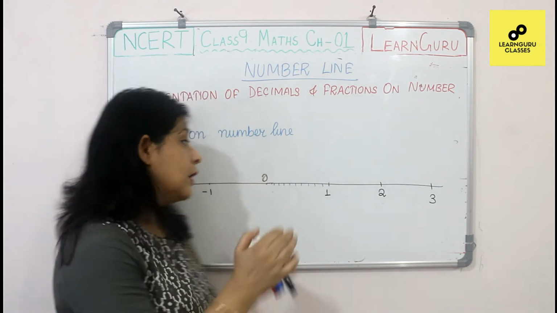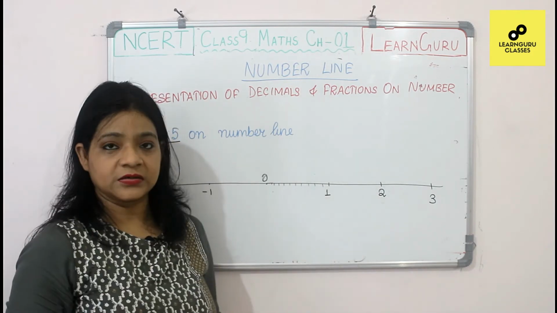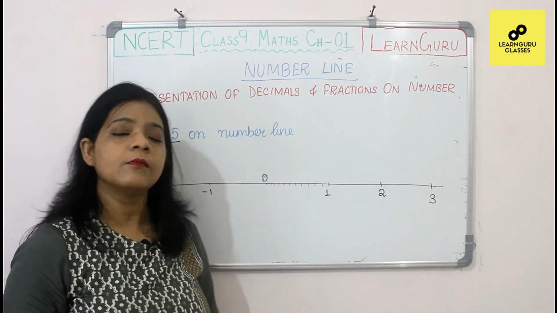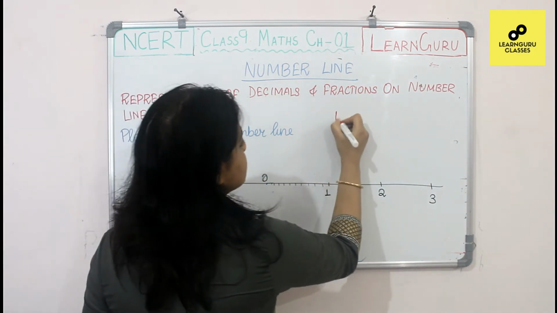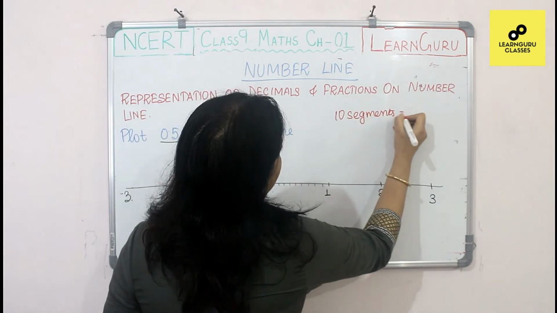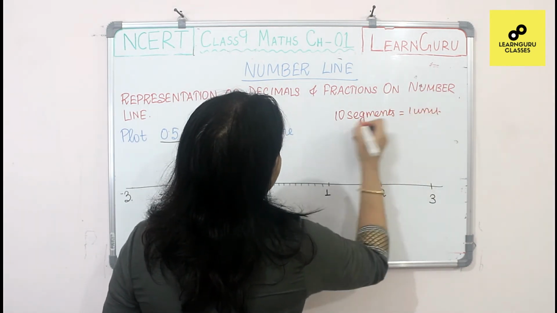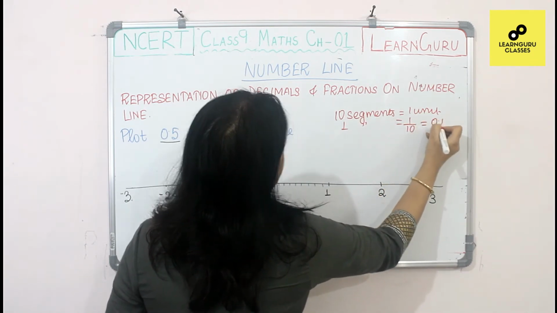Now you divide this into 10 equal parts. How much will one part measure? If 10 segments equal 1 unit, then one segment equals 1 by 10, that is 0.1.